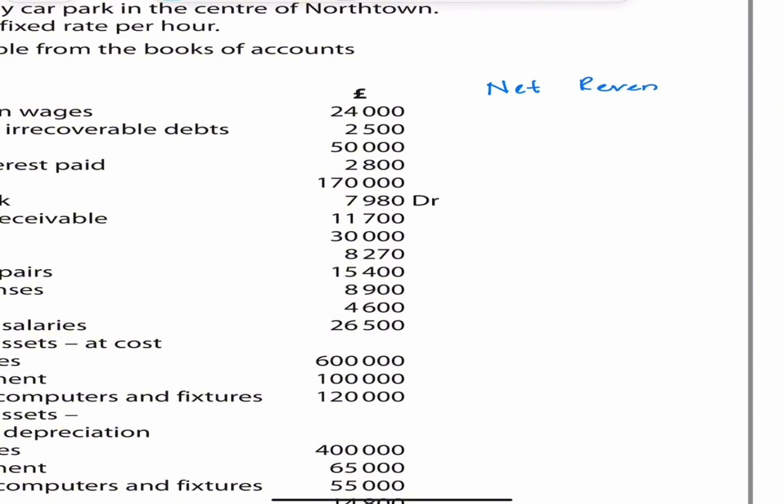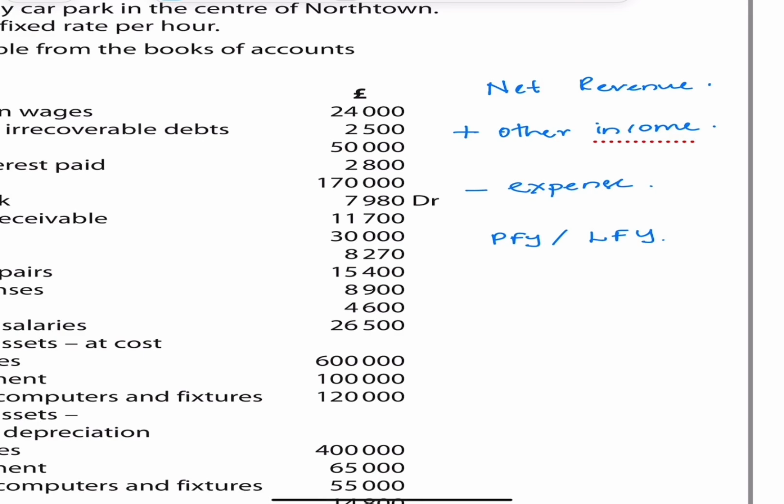In order to calculate net revenue, you take revenue, take away sales return. With this, we add other income. The cost of sales does not reflect here because it's a service business. So we add other income and we deduct all the expenses. By doing that, we find out the profit for the year or the loss for the year.